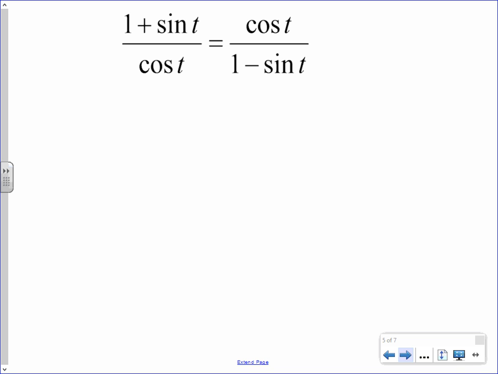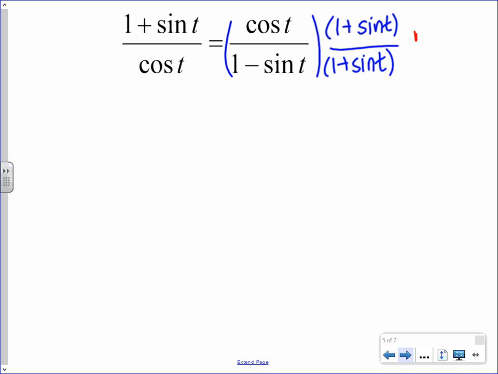Multiply it by. So, plus sign. Yes. Okay, we can take that denominator of 1 minus sine. It's almost a Pythagorean identity, but it's not. We can multiply by the conjugate.